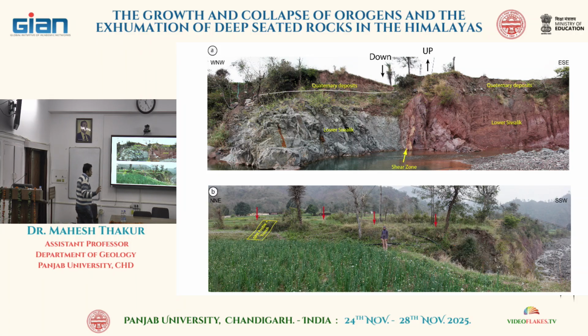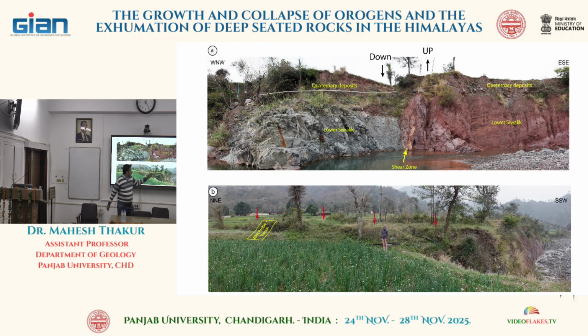And the other important thing which we discussed is that we have Quaternary deposits on the top, right? We need these deposits because we want to date this, because the age of these rocks is like 18 million or something. But we know from the definition of an active fault, we need to have some sediments which are around 10,000 or 1 lakh years old, something like that, right?